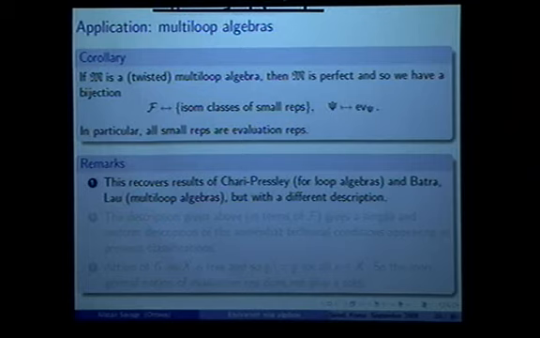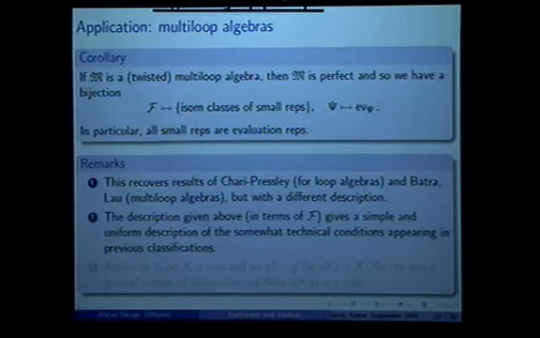Right? So the description given before is usually, the method was to prove that everything is an evaluation representation, all the irreducible finite dimensional ones, and then give some description of when two evaluation representations are isomorphic or not. So here we get this enumeration, this classification by these finitely supported equivariant functions. So it's a slightly different description, but we obtain the same classification.